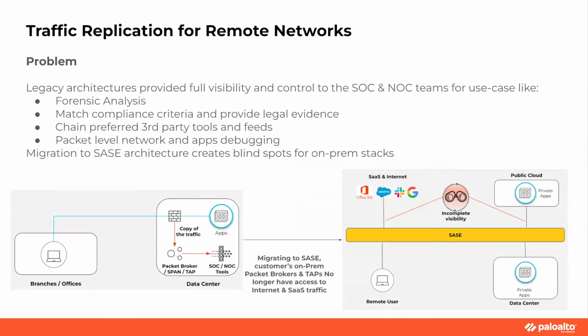The next one is around traffic replication for remote networks. It's also called traffic mirroring. For those of you who are familiar with our product, we launched traffic replication for mobile users in the last 2 releases. We understand that our customers have a lot of needs in terms of forensic analysis for SOC and NOC.